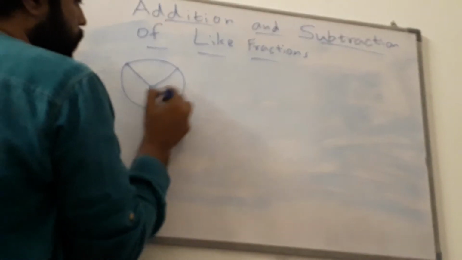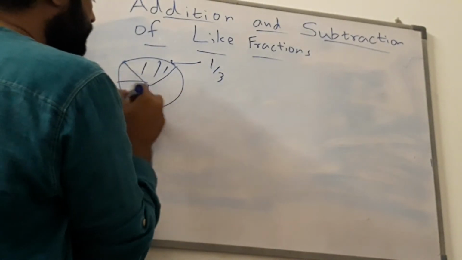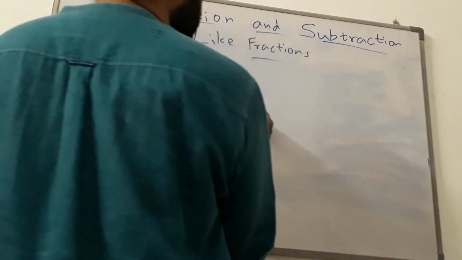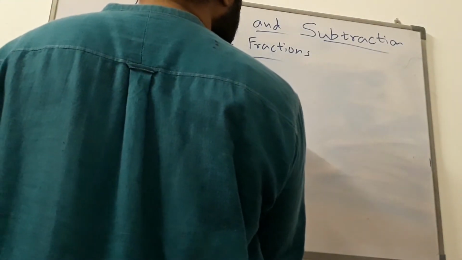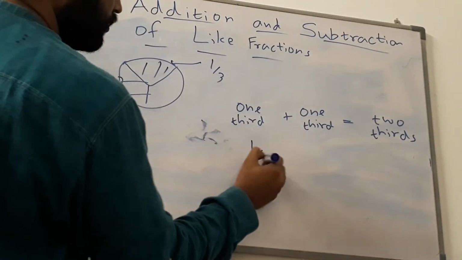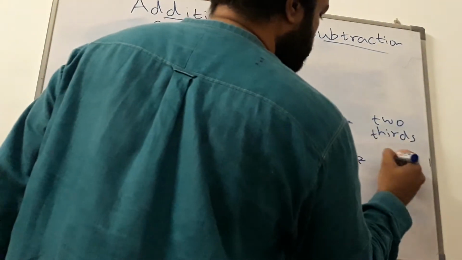Suppose 1/3 and another 1/3 together. 1/3 plus 1/3 means 2/3. 1/3 means 1 out of 3, plus here also 1 out of 3. 2/3 means 2 out of 3.